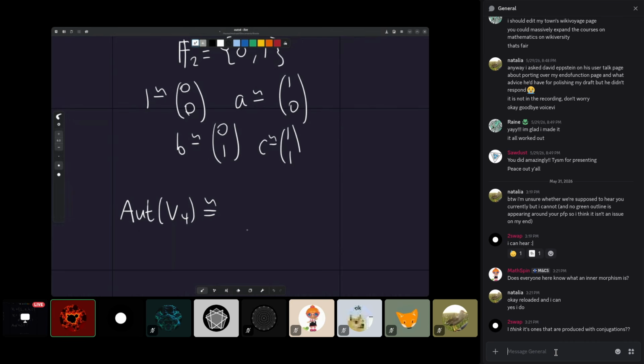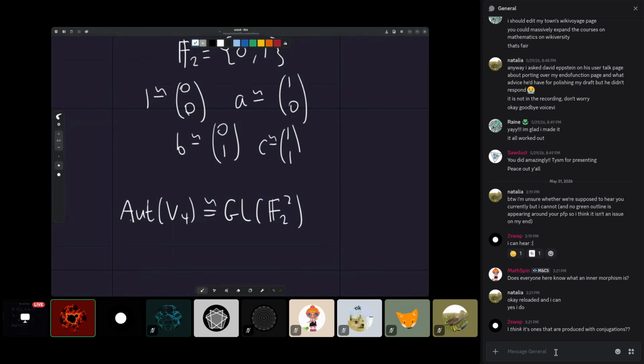I'll give you a random vector space. There's something like GL. Yes, exactly. So the automorphism group of a vector space is the general linear group GL. So that's GL of our vector space.